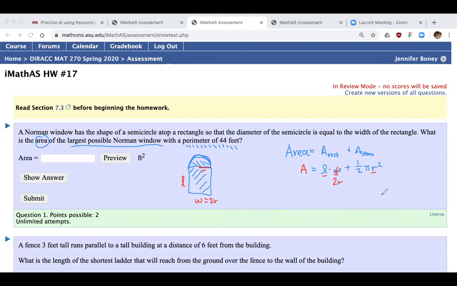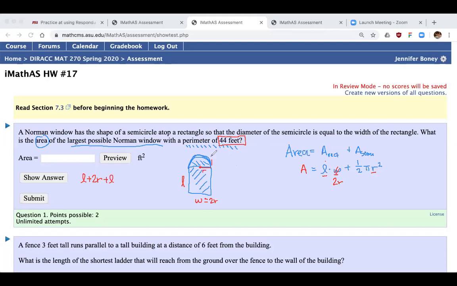So in terms of this now, though, I've still got 2 letters, L and R, and I need to not have 2 letters. They should be related because of this 44 feet thing, right? So the perimeter of this would involve, well, let's see, an L and a 2R and another L that would go around the 3 sides that are flat.